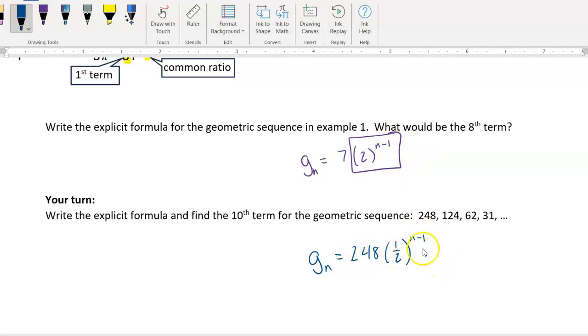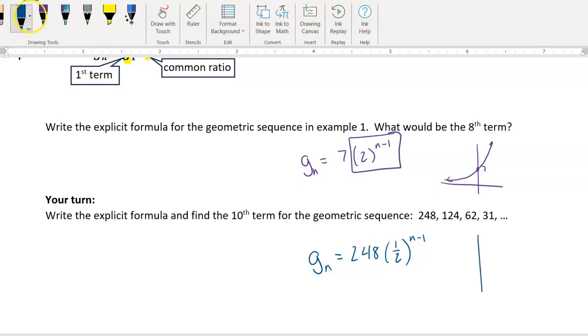Now let's stop for a second and talk about the graphs of these. Remember I said earlier that an arithmetic sequence always follows a graph of a linear function. So if you notice, these would be what we talked about in this chapter as exponential functions, where the one in purple, the one that we did for example 1, would represent exponential growth, where our y-intercept would be at 7, and it would look like that.